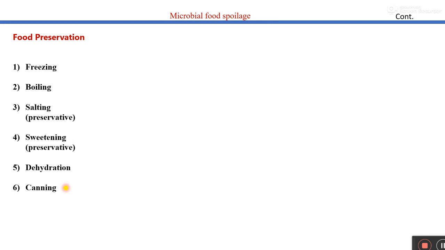In the next step, you pack that jar by removing all the air and moisture. And if air and moisture are not present in a particular food, then that food can be kept for years without getting spoiled. So these are the 6 ways through which you can prevent your food from microbial food spoilage, or these are the ways of food preservation.